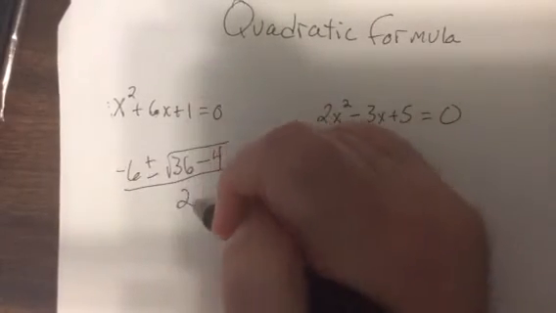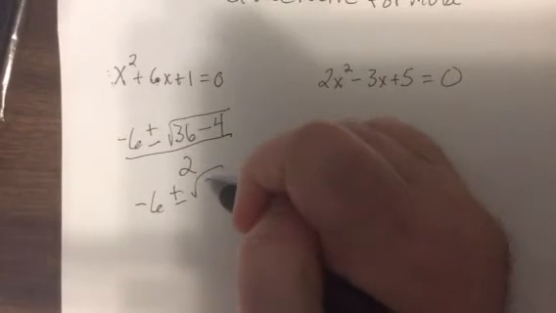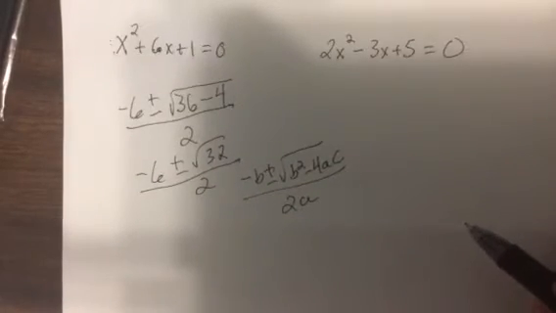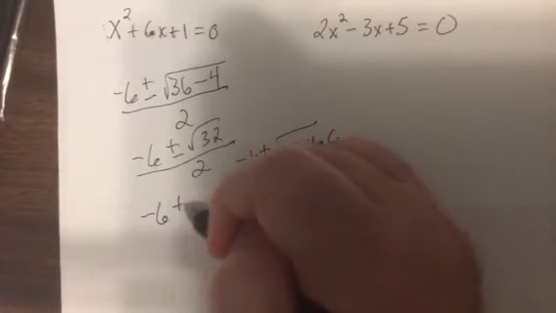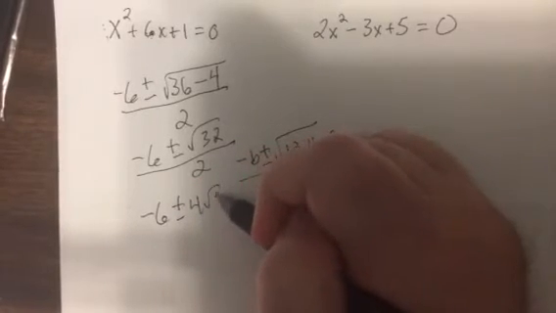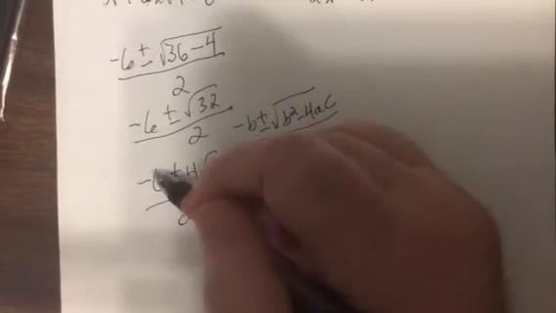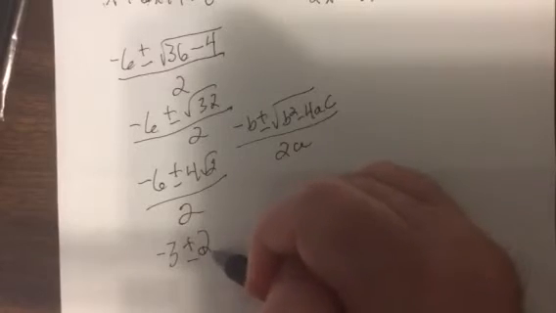A is 1, so it'd be 2. So negative 6 plus or minus the square root of 32, all over 2. Now 32 is 16 times 2. The square root of 16 is 4, so you get negative 6 plus or minus 4 square root of 2 all over 2. So reduce both by 2, so it'd be negative 3 plus or minus 2 square root of 2.